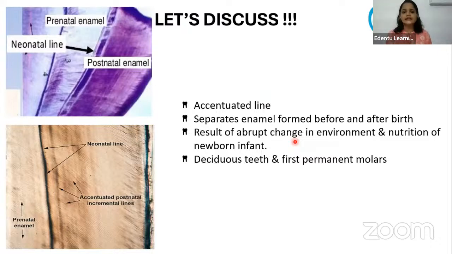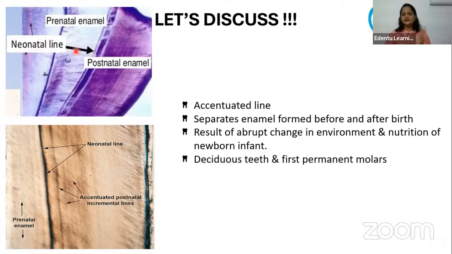The neonatal line is another accentuated line, just like the contour lines of Owen, but contour lines of Owen are seen in the dentine, whereas this neonatal line is usually present in the enamel. It separates the enamel that is formed before and after birth. Enamel formation usually begins in utero itself, so there will be a difference in mineralization between the enamel formed before and after birth.